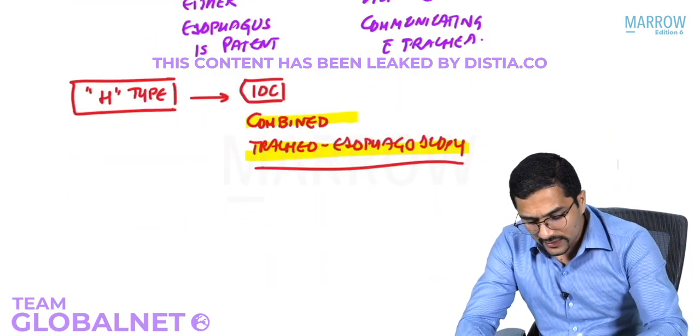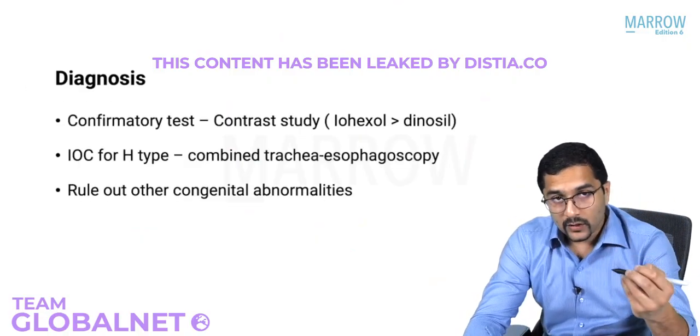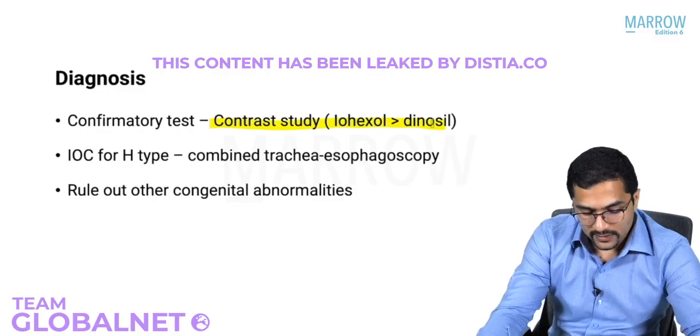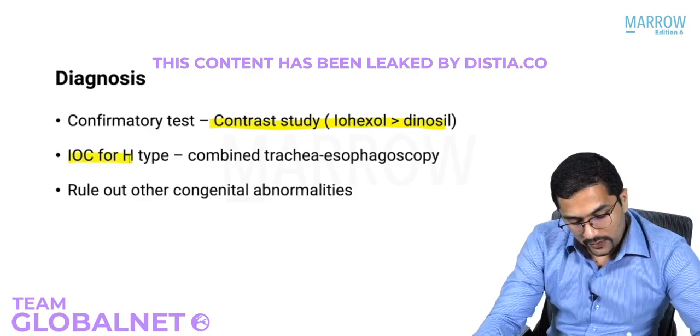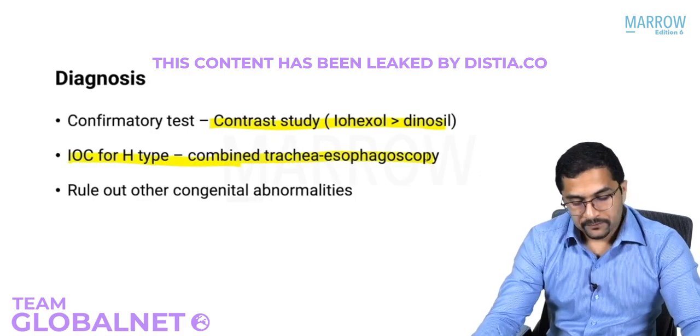Okay, so these are the clinical features which I've already discussed. I've told you about the diagnosis, that the contrast study iohexol is better than dinosil, and that for H type it is combined tracheoesophagoscopy.